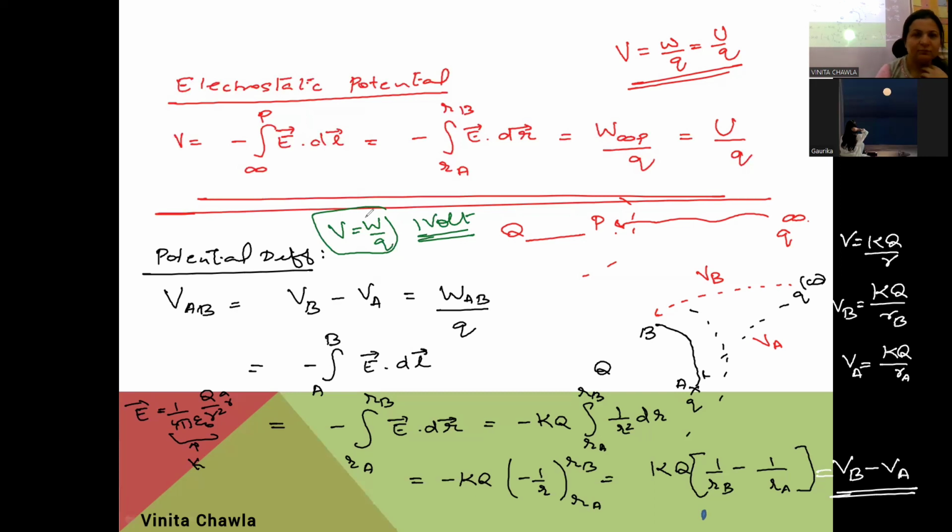One joule of work done in moving a unit charge. Yes, 1 joule of work is done in moving a charge of 1 coulomb. If W is 1 joule and the charge is 1 coulomb, only then the potential difference is 1 volt, right? So when 1 joule of work is done in moving a positive charge of 1 coulomb from one point to another against the electrostatic field of a given charge, then it is 1 volt.